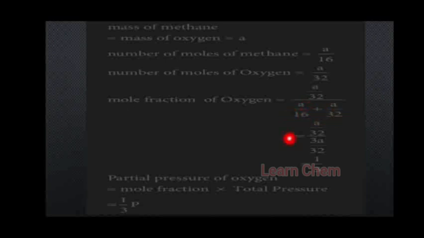The answer is A by 32 divided by 3A by 32. So 32 is cancelled and A is also cancelled. The answer is 1 by 3. The partial pressure of oxygen is the mole fraction of oxygen into the total pressure, that is 1 by 3 into P. So the answer is P by 3. Okay.